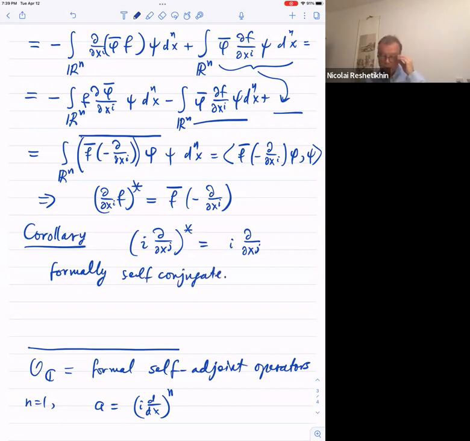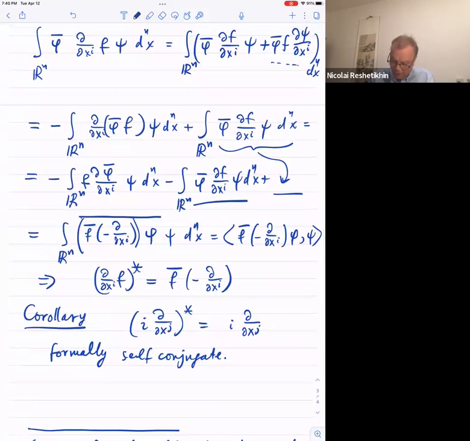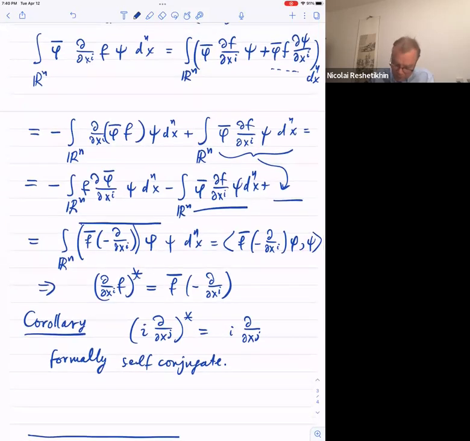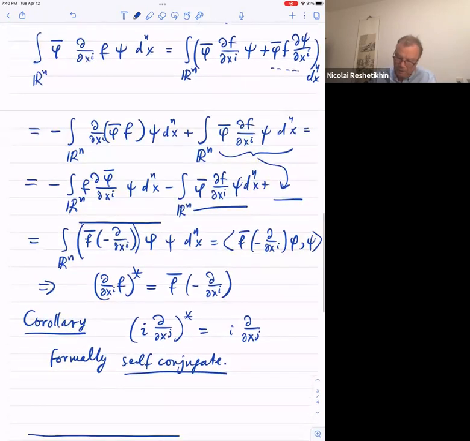We just have to check that it's really a self-adjoint operator in the sense that the domain where the differential operator is defined is the same as the domain of the adjoint. Well, we have to do some spectral analysis, which I don't want to do now. So in this case, it's formally self-conjugate and it's self-conjugate. What I did is actually proof of the self-conjugacy. Okay.